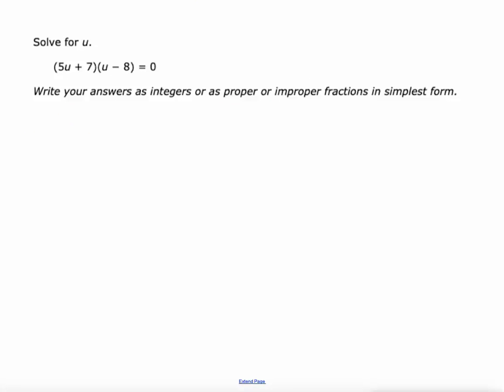I know that one of my answers is 8, because u minus 8 equals 0, so that when I add 8 to both sides, I'll get u equals 8. We probably do that one mentally. And then the other one is a little bit tougher, but I know that this factor, 5u plus 7, equals 0.